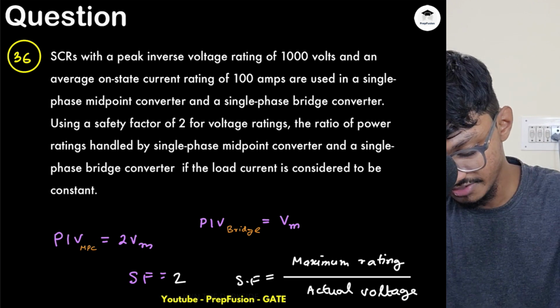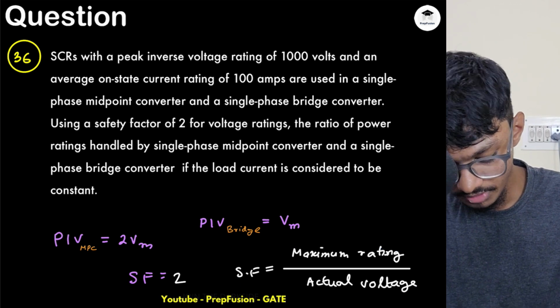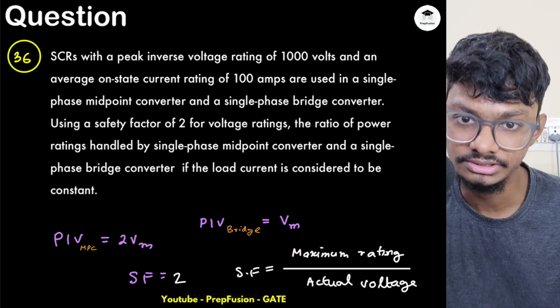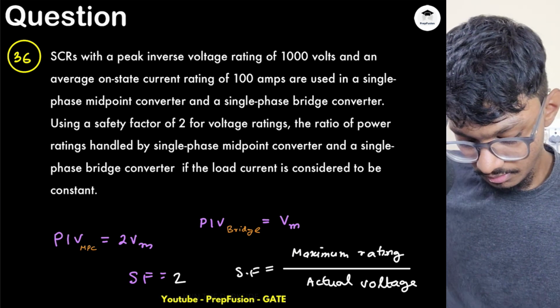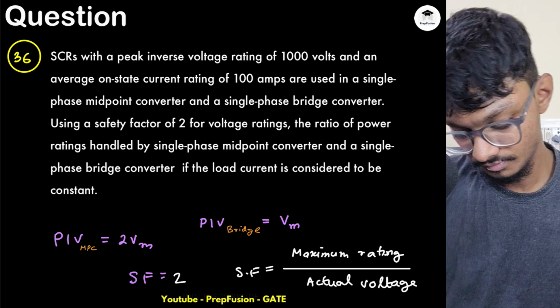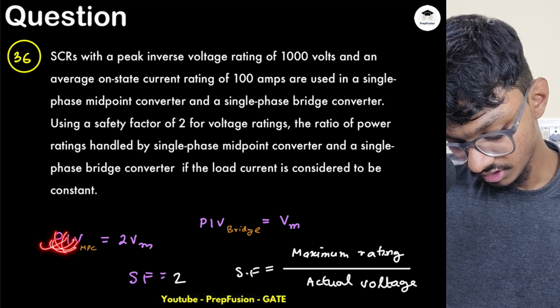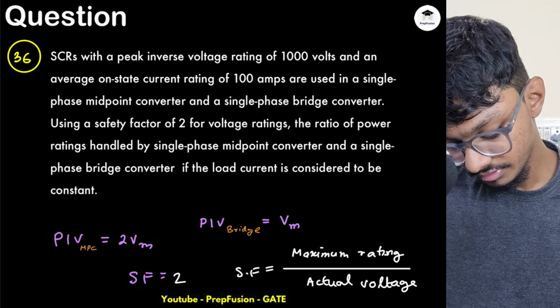So this is my safety factor. With a safety factor of 2, whatever PIV I have, I have to reduce it by 2.